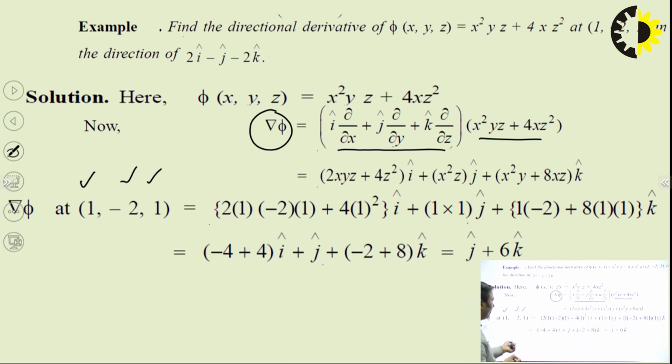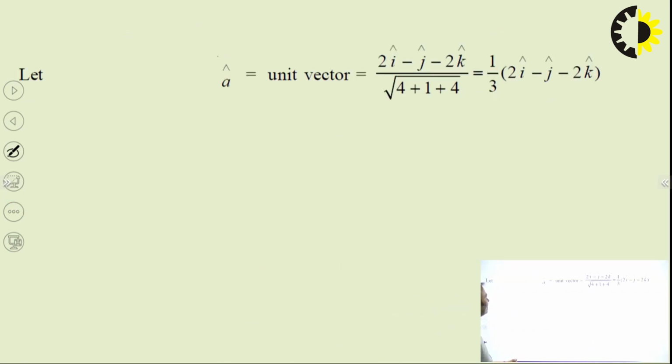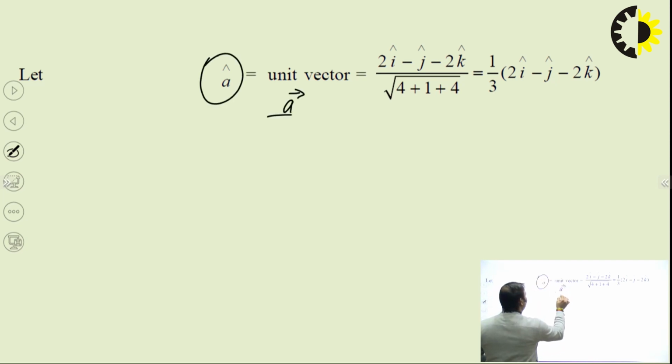So finally after solving this expression, we will have this vector. So now we have calculated the value of grad phi, right? To calculate the directional derivative, now we must calculate the outward unit normal vector, which is basically equal to the vector A divided by its absolute value. So we will have the unit outward normal vector.